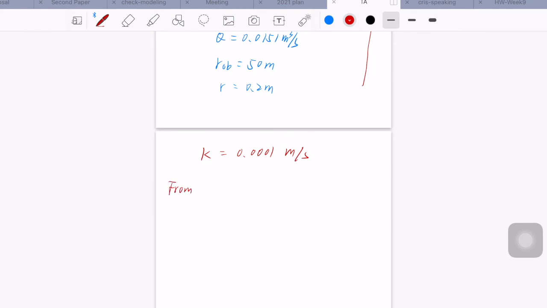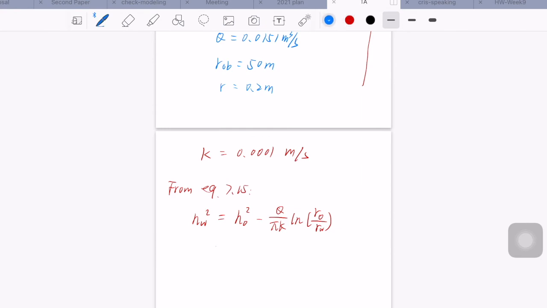From that equation, we know HW squared equals H0 squared minus Q divided by pi times K times the natural log of R0 divided by RW.